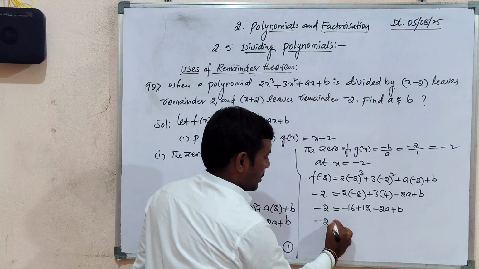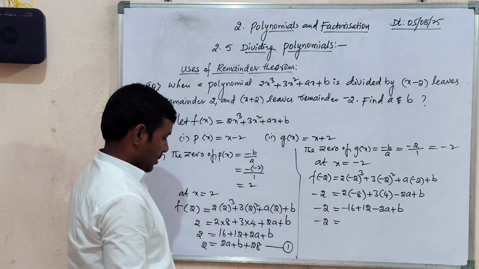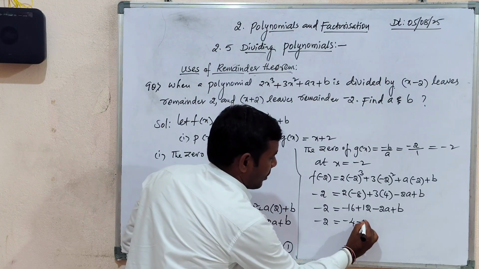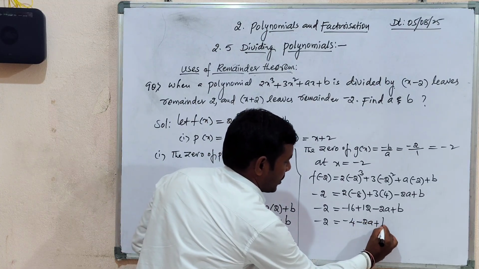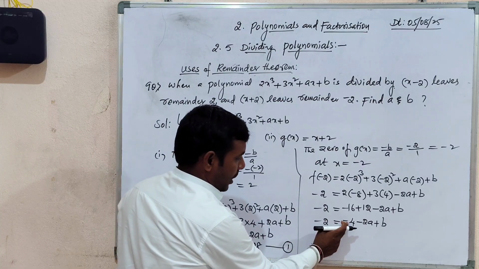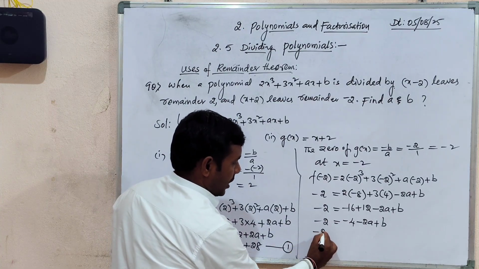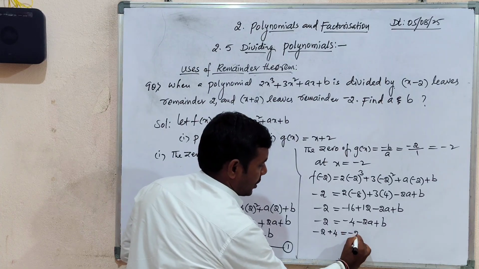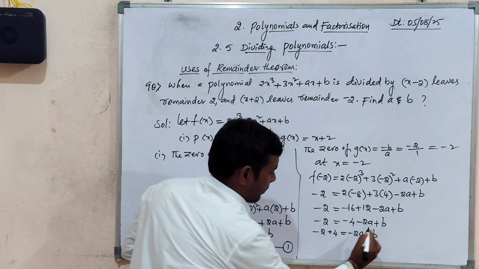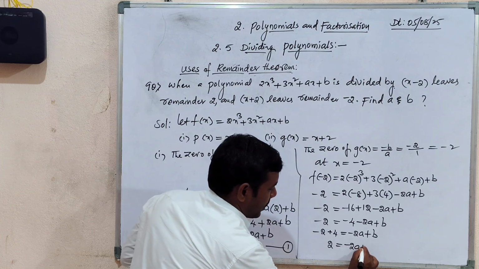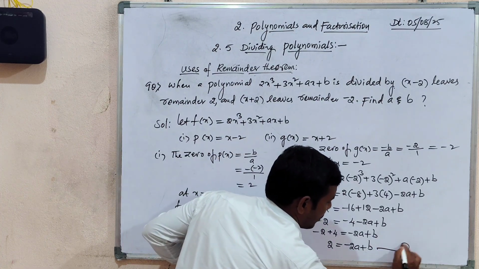Now minus 2 is equal to, this is minus 4 minus 2a plus b. Better to transfer, minus 4 to this side, minus 2 plus 4 is equal to minus 2a plus b. That means 2 is equal to minus 2a plus b. You feel that this is number 2.